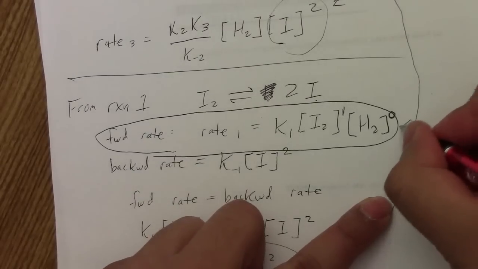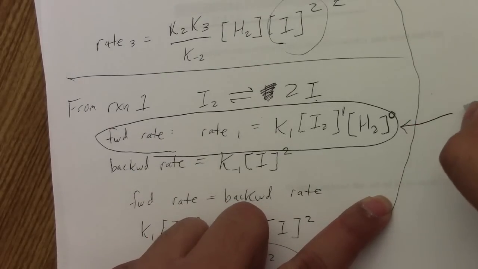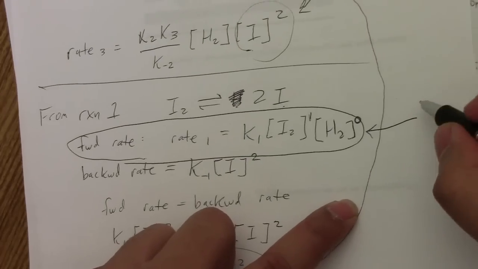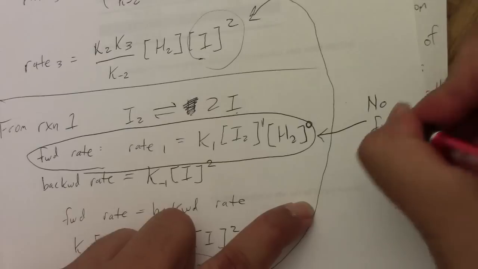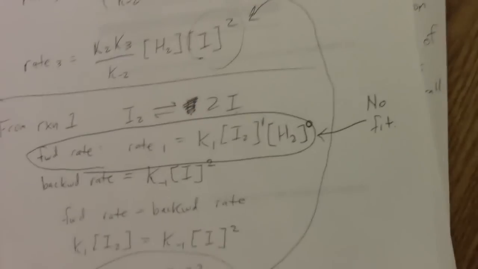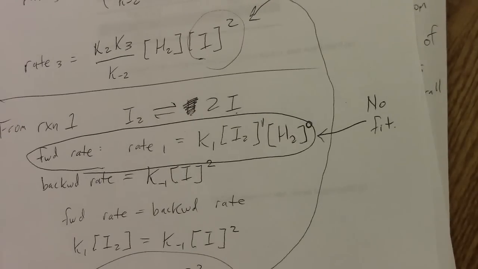And if that were the rate determining step, then we would say the mechanism did not match. It did not fit. But again, this is just a hypothetical, just talking about other things that could happen. As this problem is written, it does match.